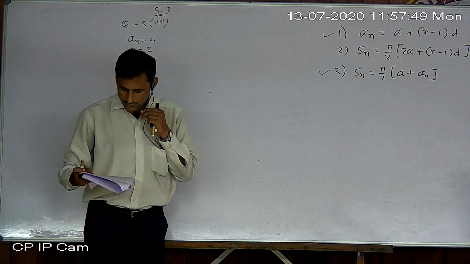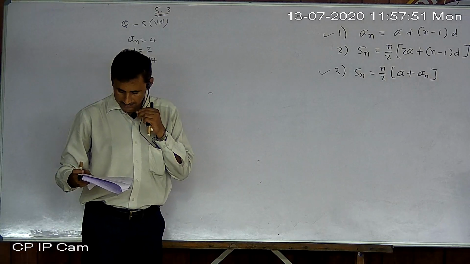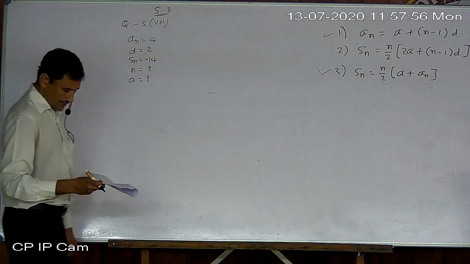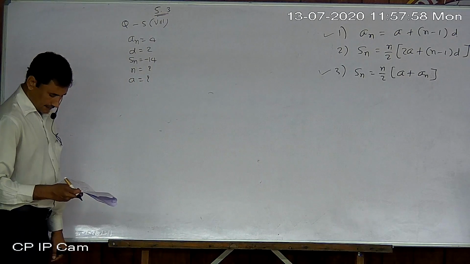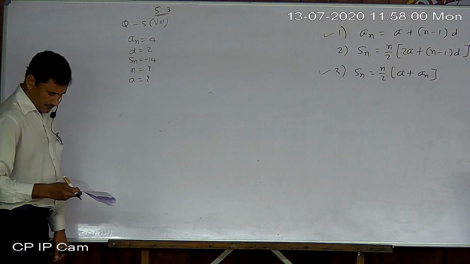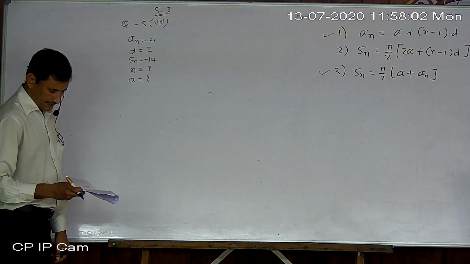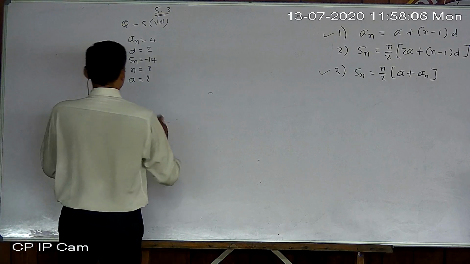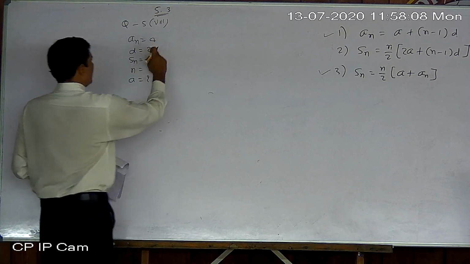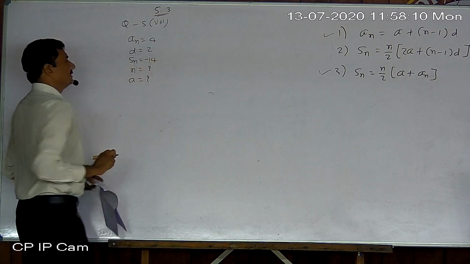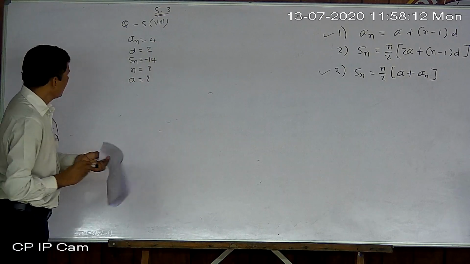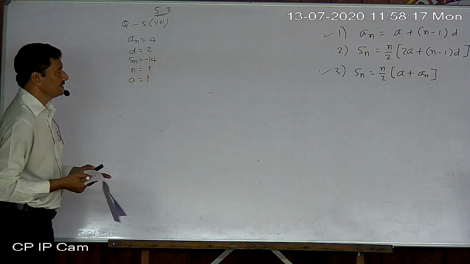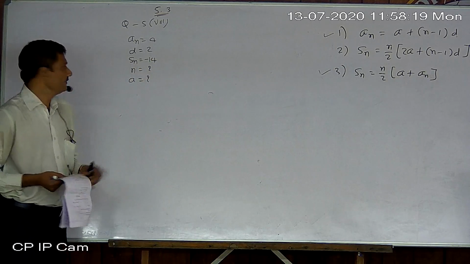There also a_3 and S_10 are given. Here a_n and S_n are given, but n is not given. d given. So first of all we try whether a first equation is possible to find any one variable.